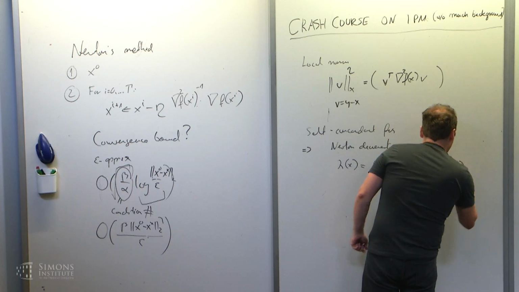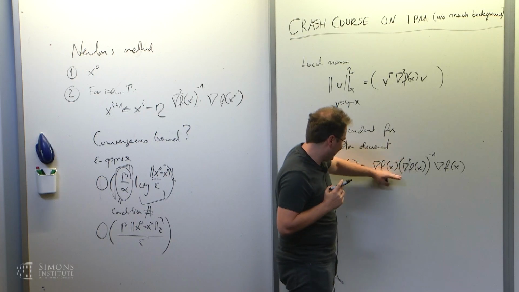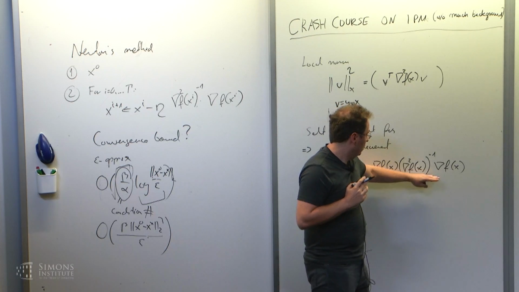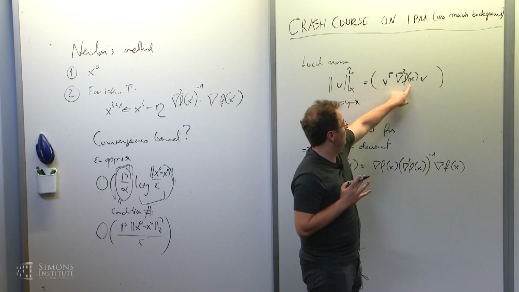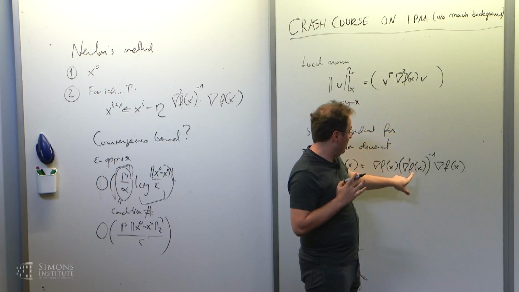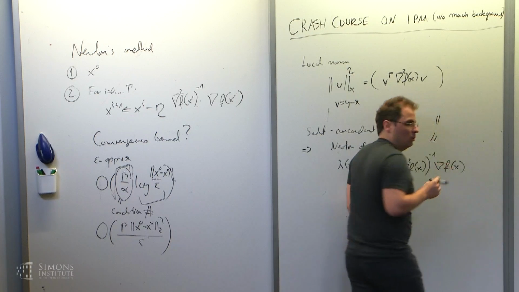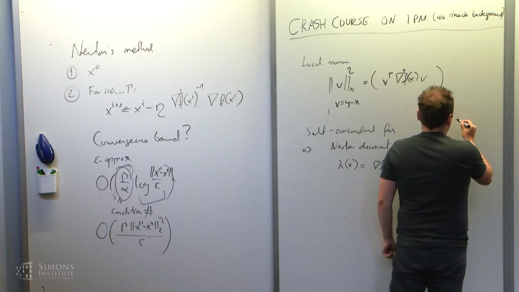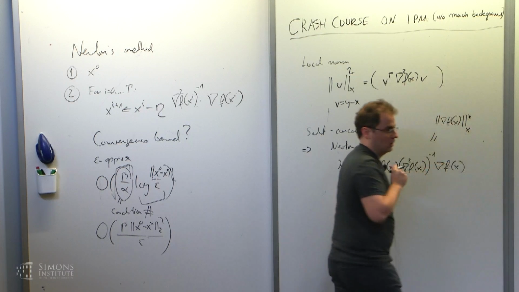Essentially, one way to look at it is that I measure the length of the gradient with respect to the norm given by the inverse of the Hessian. So in the local norm I had the Hessian, and this is the inverse of the Hessian. If you want to sound cool, it is the dual local norm of the Hessian.